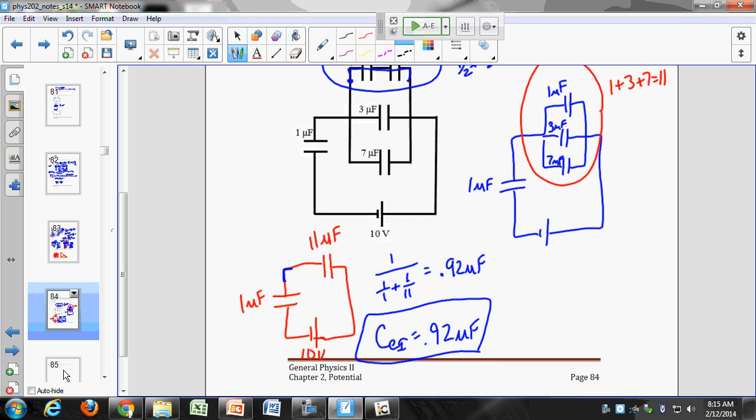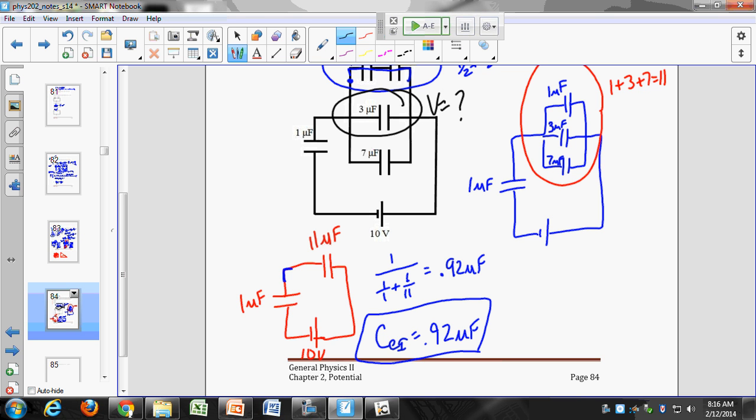Okay. Now, can I go down from here? I'll give you a second. Let's say that I want to find the voltage across the 3 microfarad capacitor, the potential across this capacitor. Let me just lay out the steps for you first.